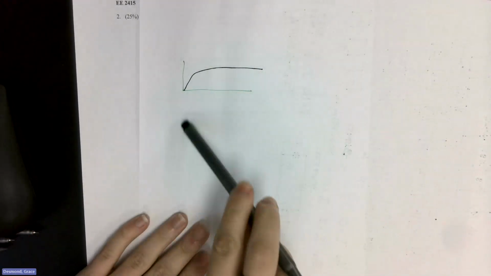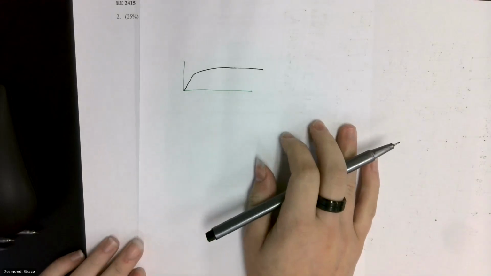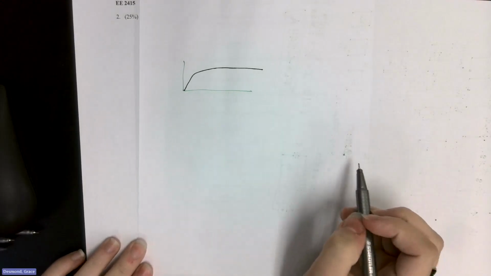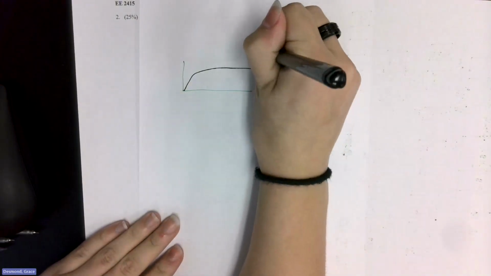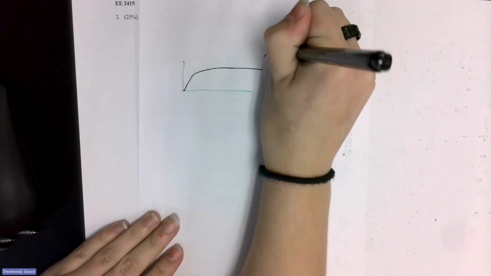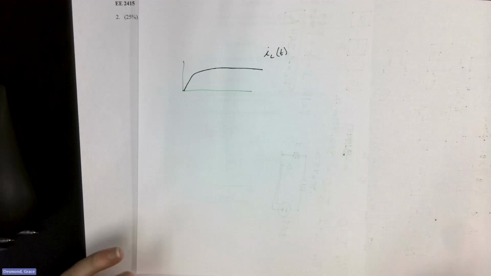It wouldn't be a linear thing. So your impulse response is the equation for this line, your IL of t. That's what we're going to solve for when we get to our switches.